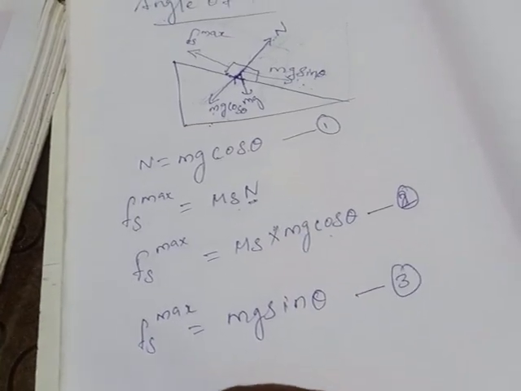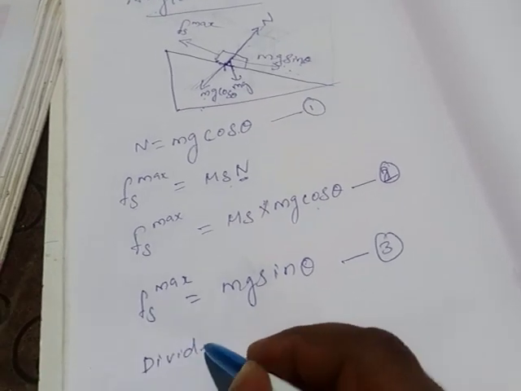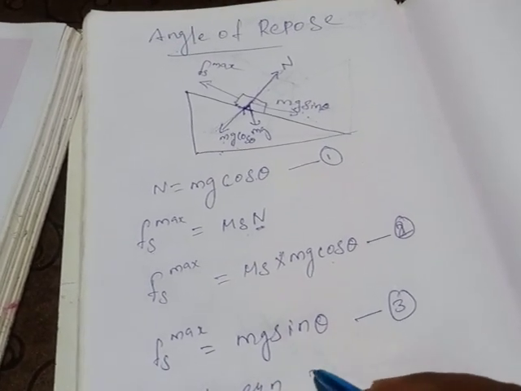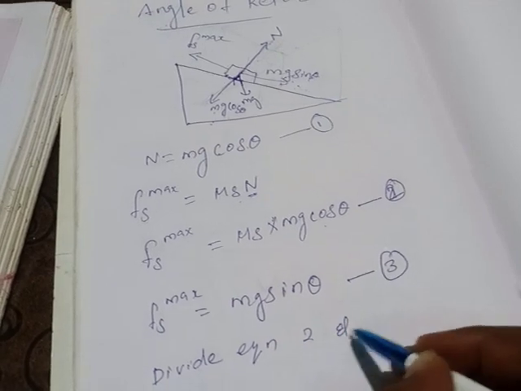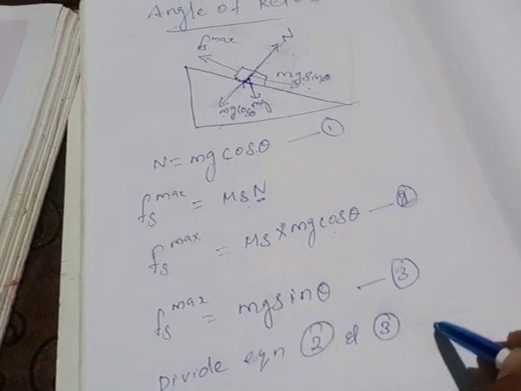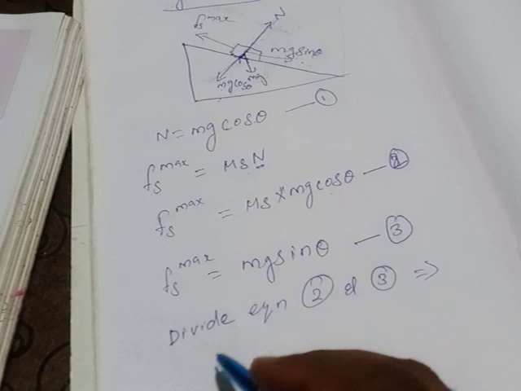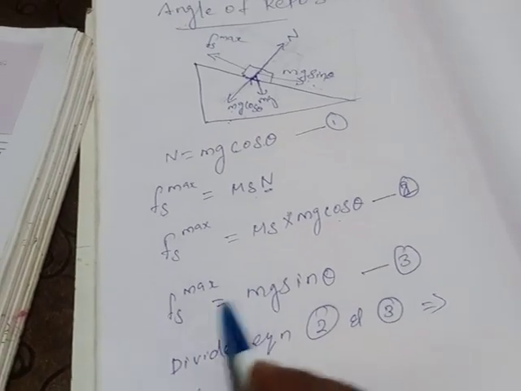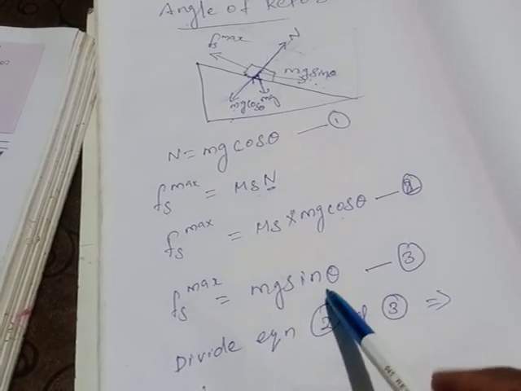Now what you have to do is divide equation 2 and 3. So when we are dividing equation 2 and 3, what will we get? This is equation 2 and this is equation 3.